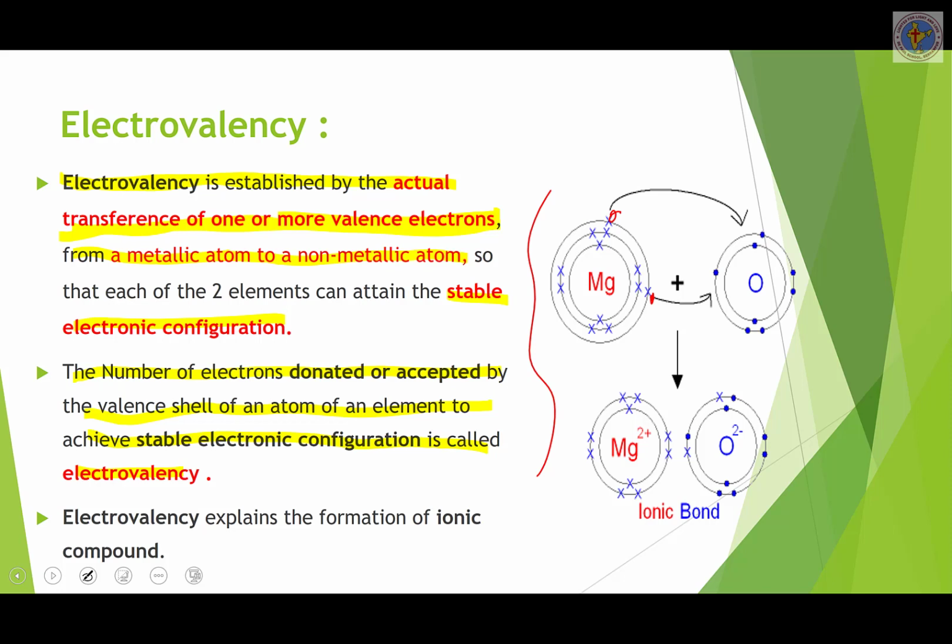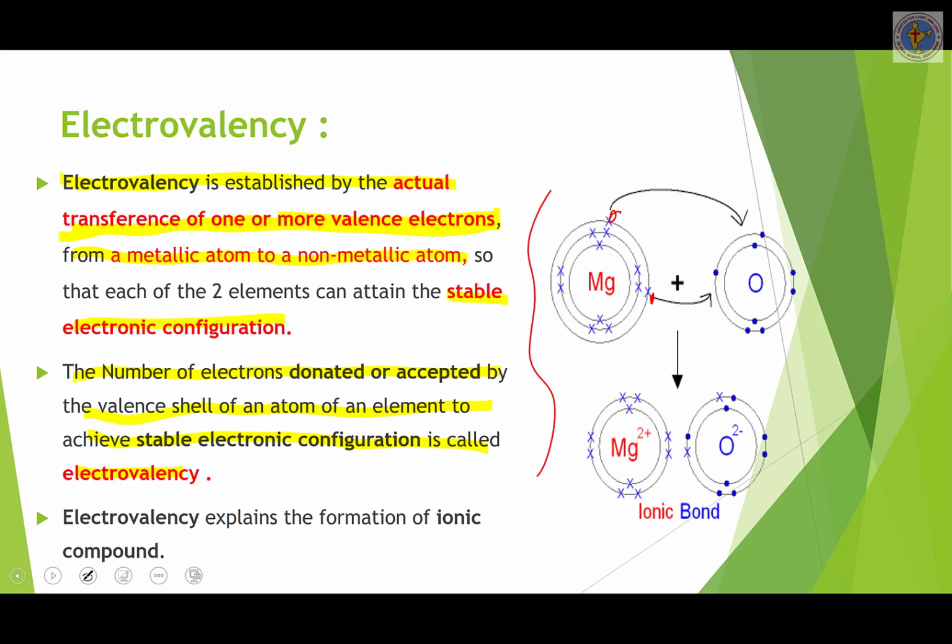And oxygen, in order to attain the stable electronic configuration, has to accept 2 electrons. After doing this, they will attain stability, that means stable electronic configuration, and an electrovalent bond will form between those 2 atoms. Yes or no? So hence they will form the electrovalent compound.